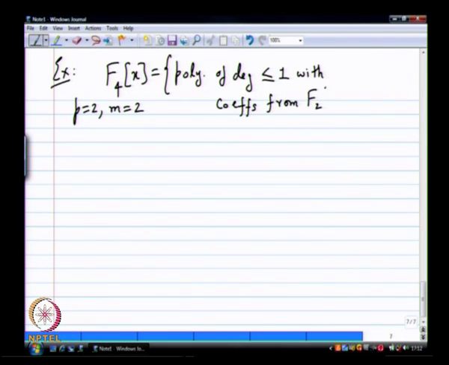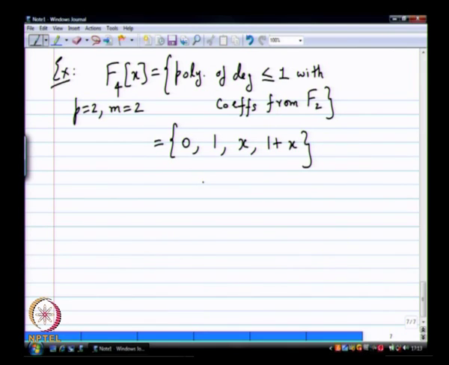So, this is just a small set, okay. How many do you have? You have 4 different elements clearly, and what are they? 0, 1, x, 1 plus x, okay. So, those are the 4 elements in this, okay, and you can make an addition table.